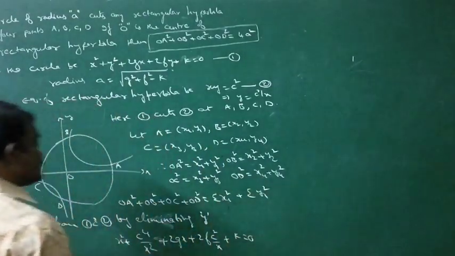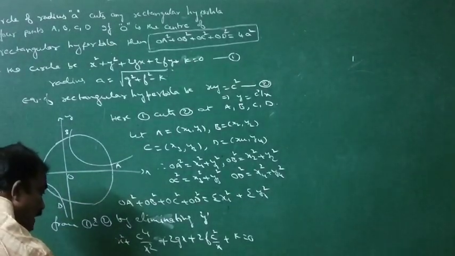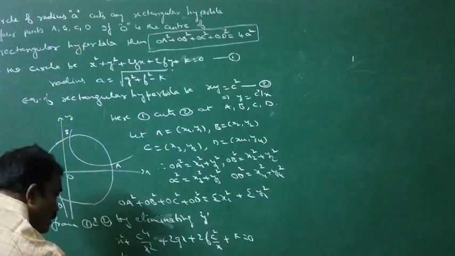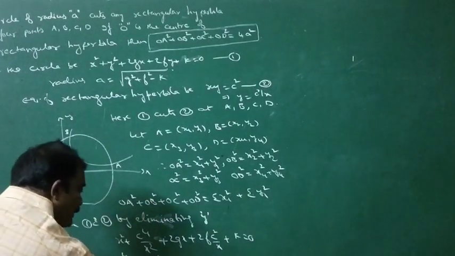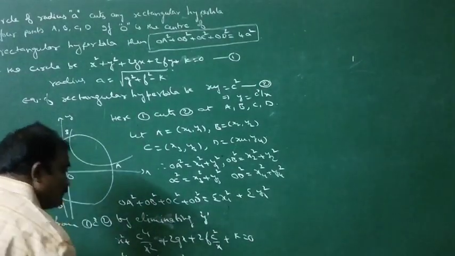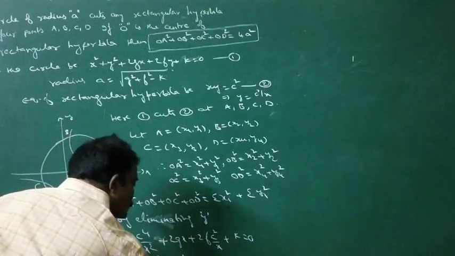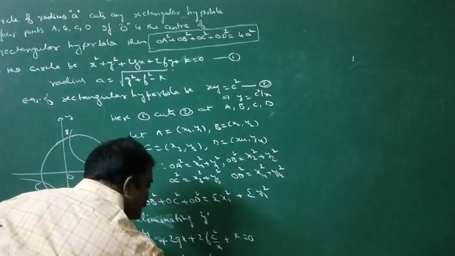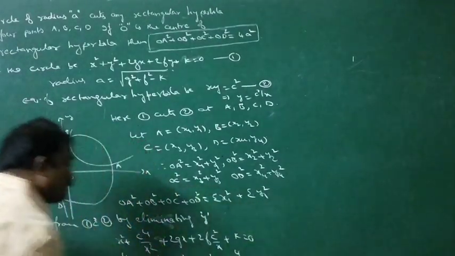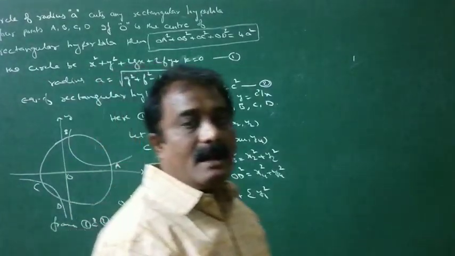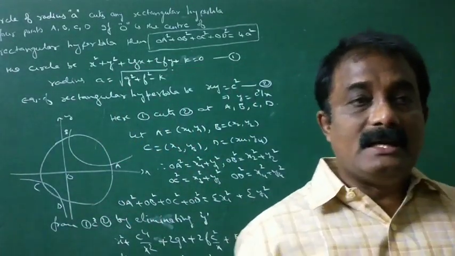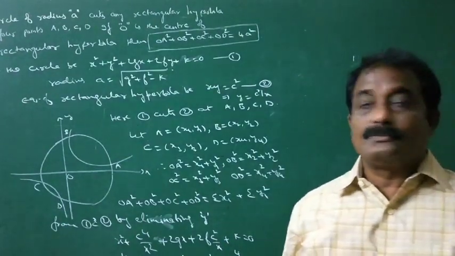By taking x square as LCM, we are getting x to the power of 4 plus 2g x cube plus kx square plus 2f c square x plus c to the power of 4 equal to 0. This is a biquadratic equation in x. So x has 4 values. They are x1, x2, x3 and x4.